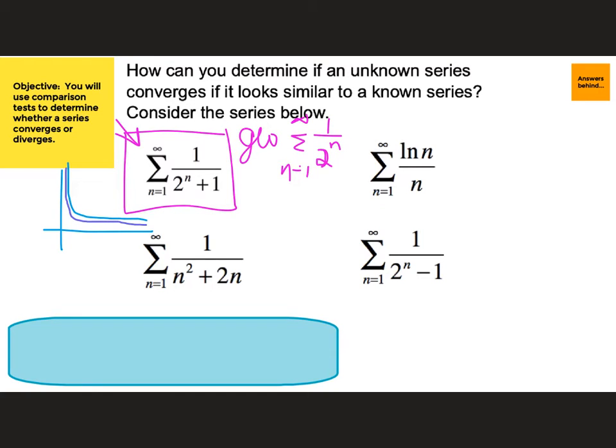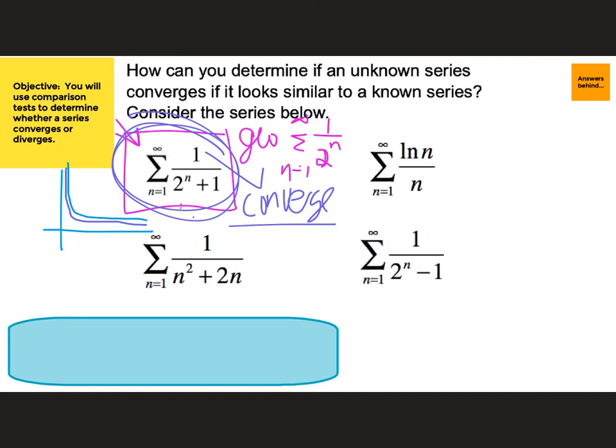So if I know that this one converges, and this one's always less, then this one has to converge. So I'm comparing the one I'm given to one I already know. And since this one is less than a convergent series, then that series will converge.